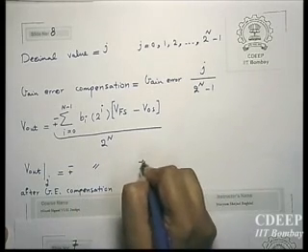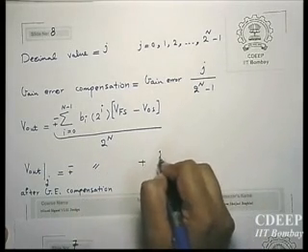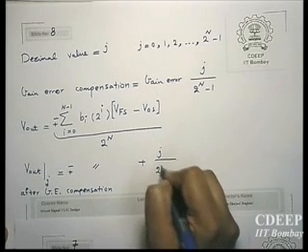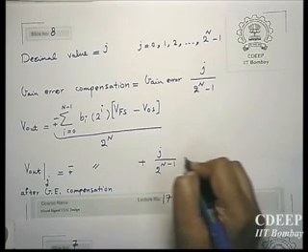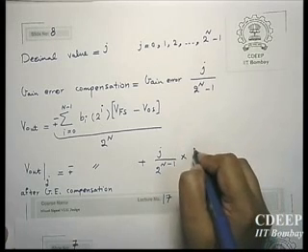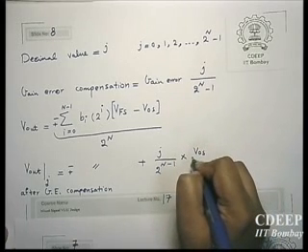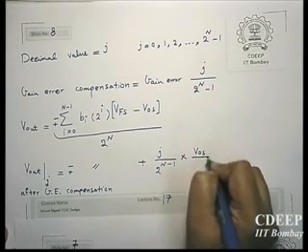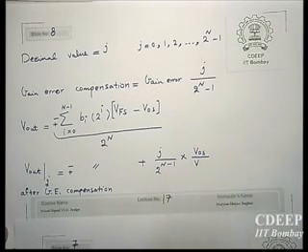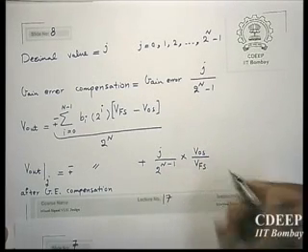And now what we are adding is this term, which is j upon 2 to the power n minus 1 multiplied by V offset upon V full scale. This was versus LSB units.